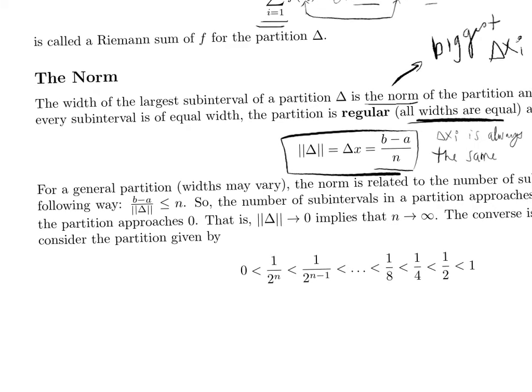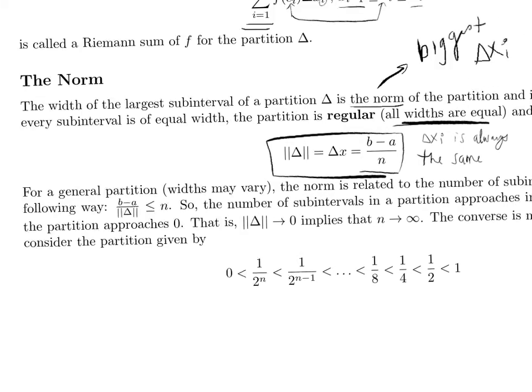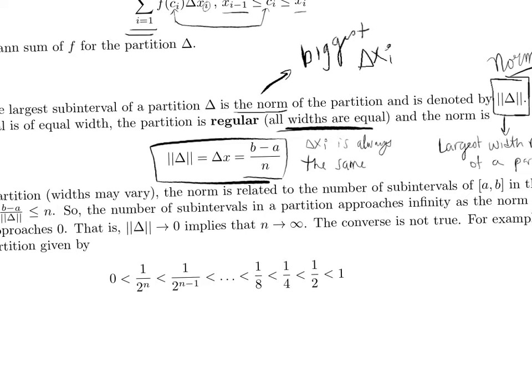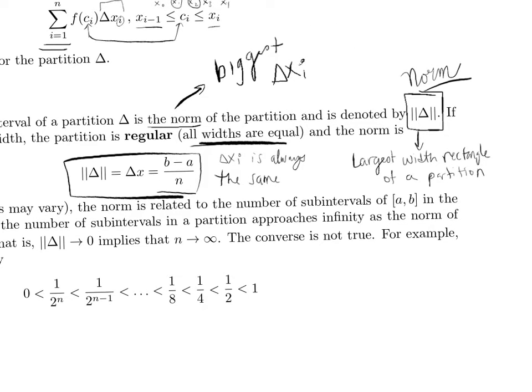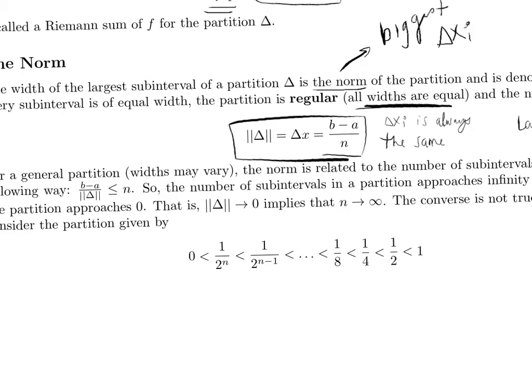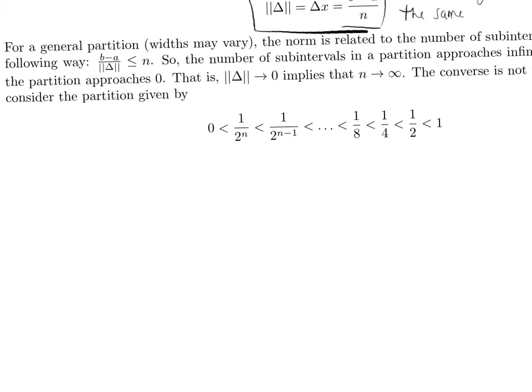But for a general partition, meaning the widths might vary, norm has to do with how many subintervals there are. In general, the more rectangles there are, the smaller norm will be. I'll say that again. The more rectangles there are, the smaller norm will be in general.